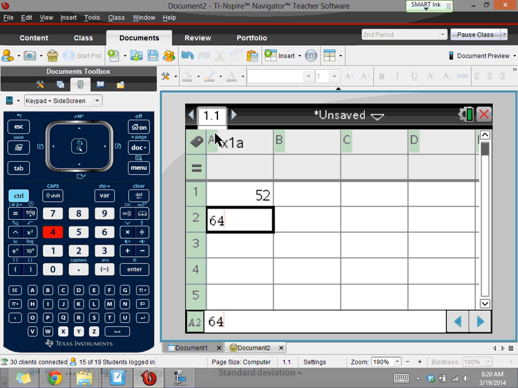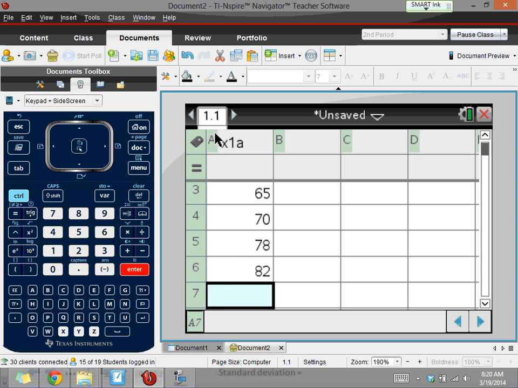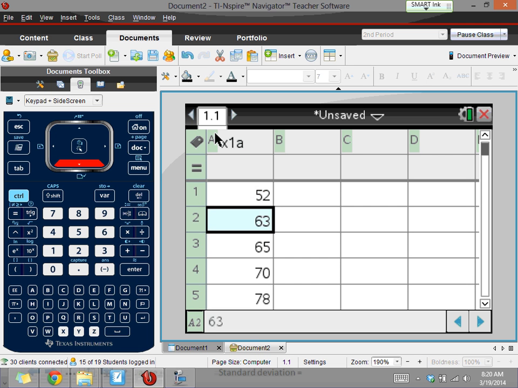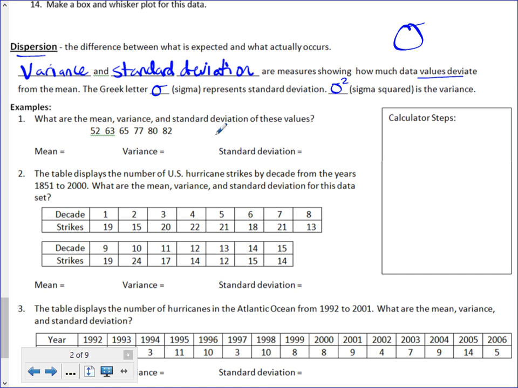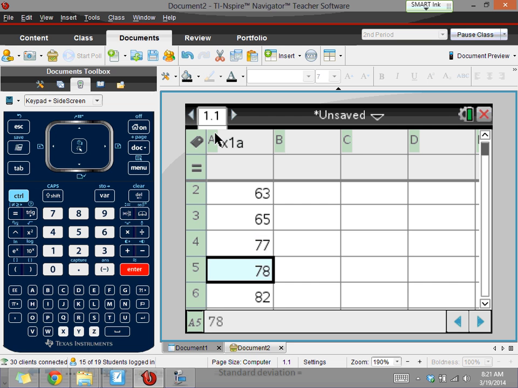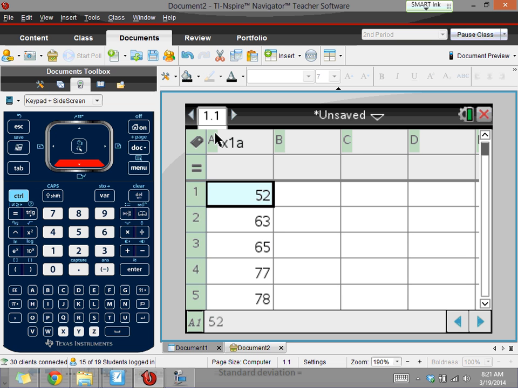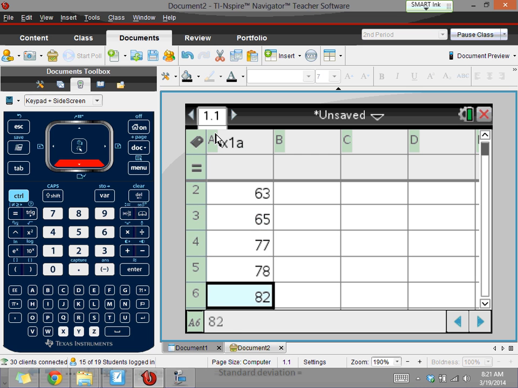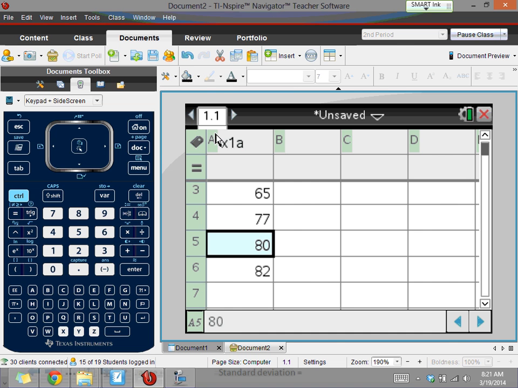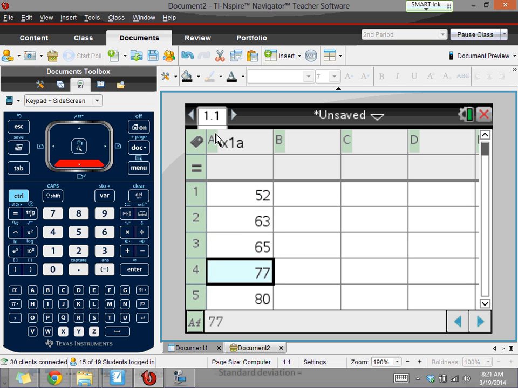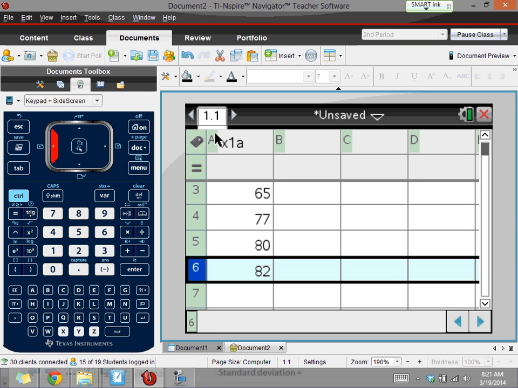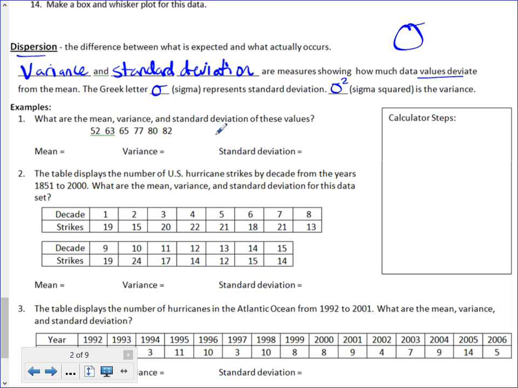What are the other ones? 80. Do they have to be in order? No, they do not have to be in order. What I always do is I look at the last term and make sure it matches the number of terms. 6 and 82, yeah, I have 6 terms.